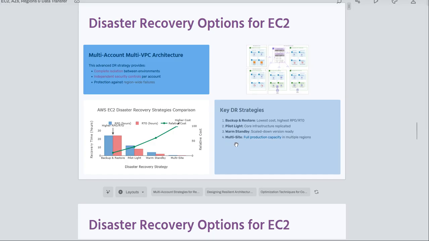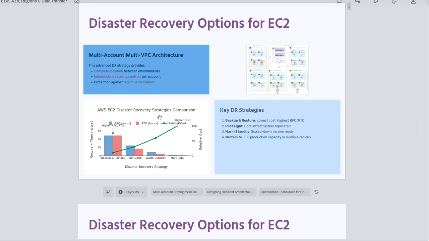And then you can use multi-site, which is full production capacity in multiple regions, the most expensive setup. This gives us a comparison of strategies for AWS EC2 disaster recovery.